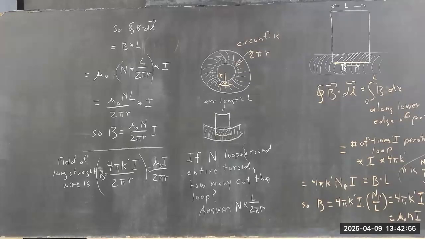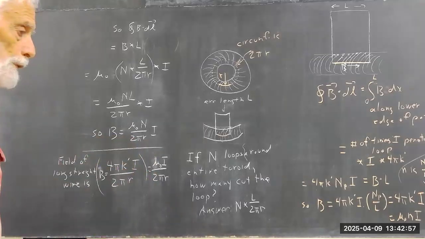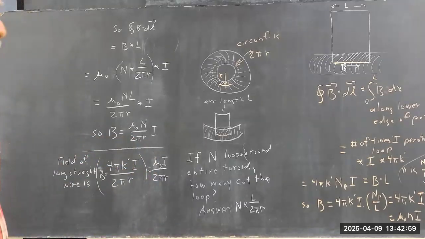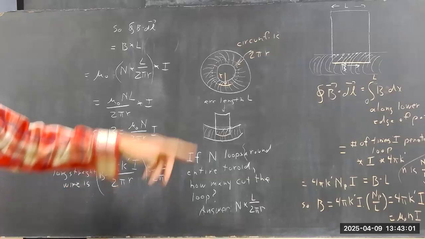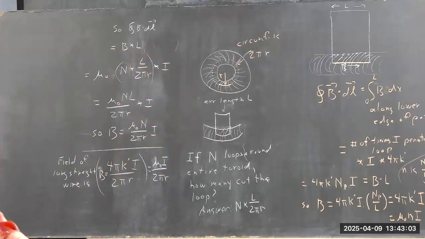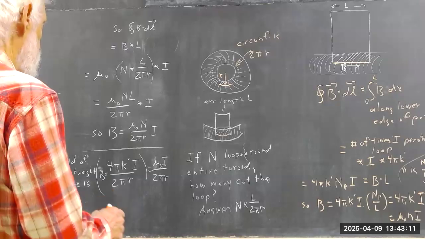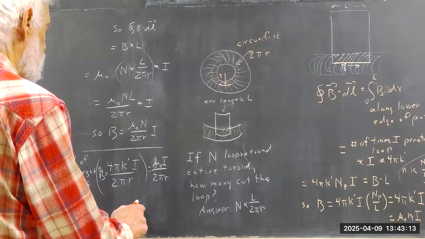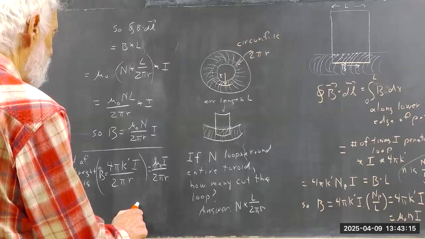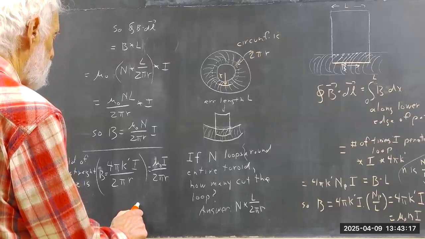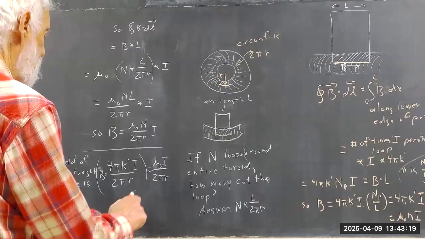Okay, here's the magnitude of the field of a long straight wire. The field circulates around the wire according to the right-hand rule. And you can actually do this very easily. Here's your wire, coming into the board, going out of the board, whichever.